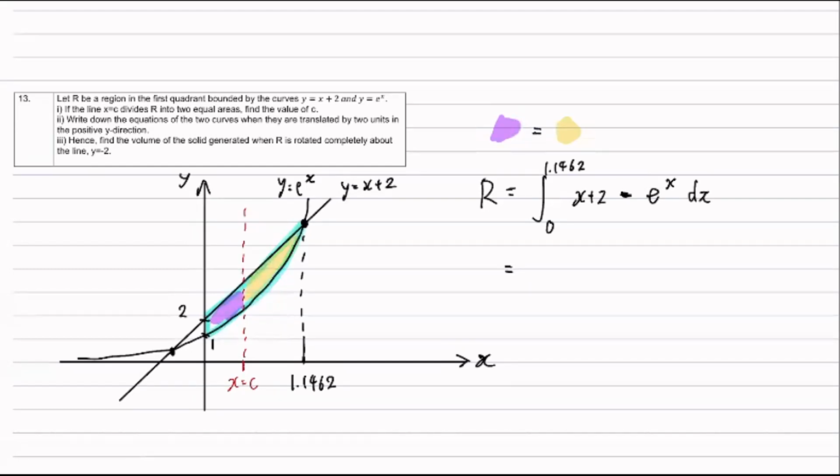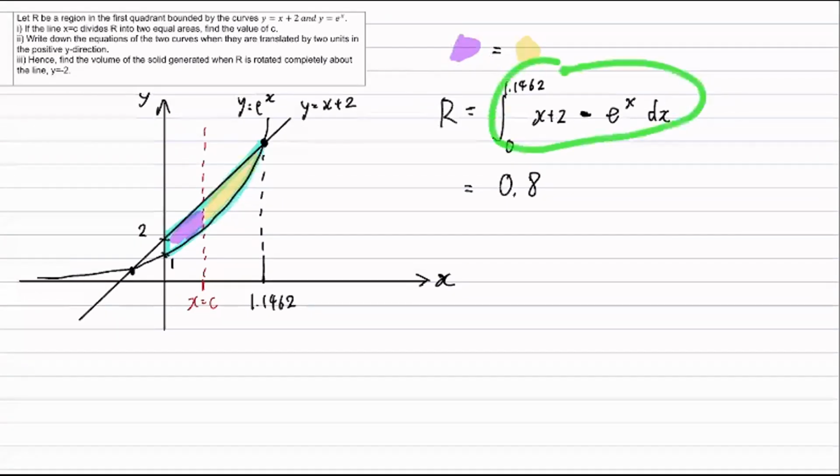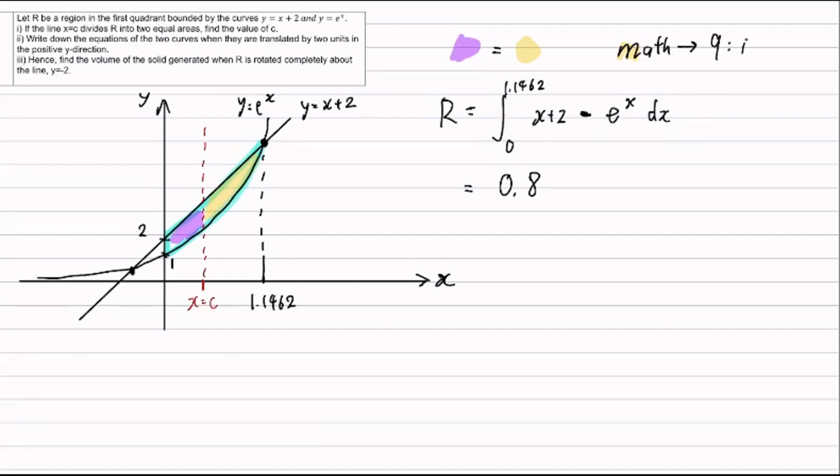What do you get? 0.80307. Good. Okay, we just use 5 significant figures. Then that is region R.